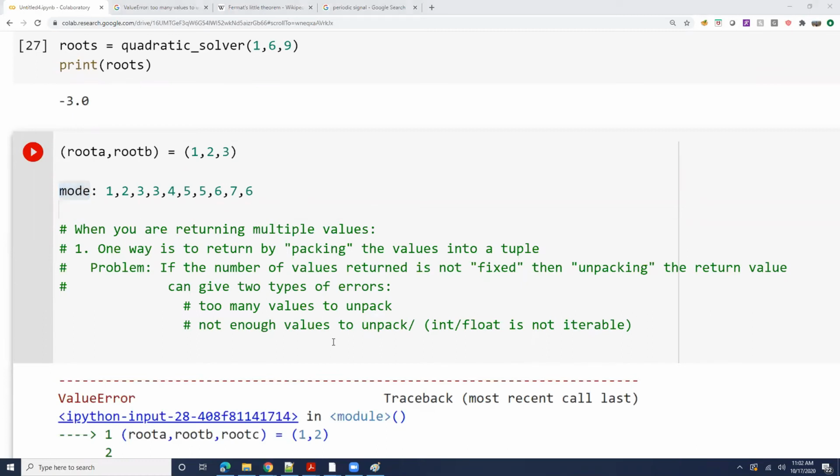For those of you who don't know, I will explain. Can you put those comments in the chat? 3, 5, and 6, absolutely. So depending on the input, mode function can either have one value, two values, or n number of values, right?